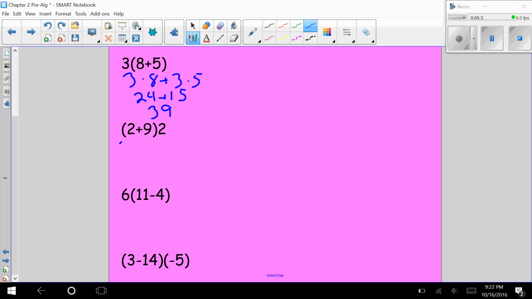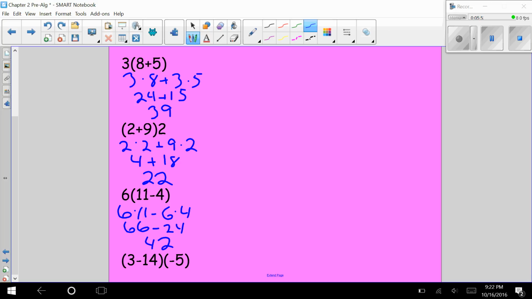For the second one, your first step should be 2 times 2 plus 9 times 2. 2 times 2 is 4, 9 times 2 is 18. Your final answer is 22. The third one, you should take 6 times 11 minus 6 times 4. This becomes 66 minus 24, which is 42.